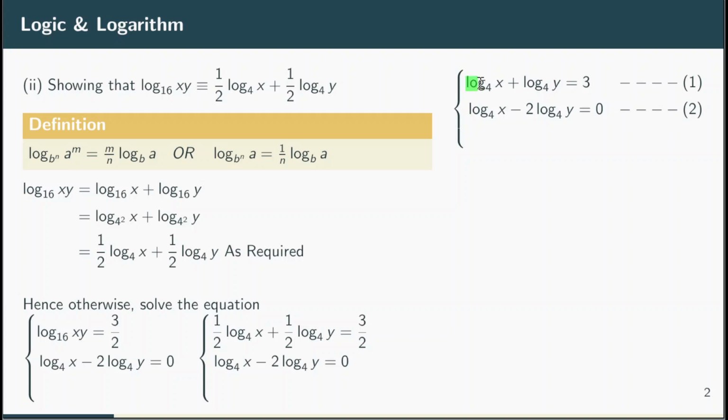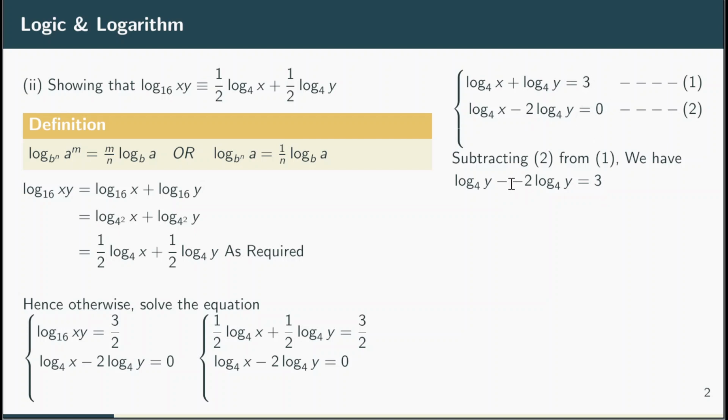Now this term, log to the base 4 of x, and log to the base 4 of x are the same. So if I subtract equation 2 from equation 1, these terms are like terms and they will disappear. So let me do the subtraction, and this term has vanished, and I'll have log to the base 4 of y minus negative 2 log to the base 4 of y is equal to 3 minus 0, which is 3.